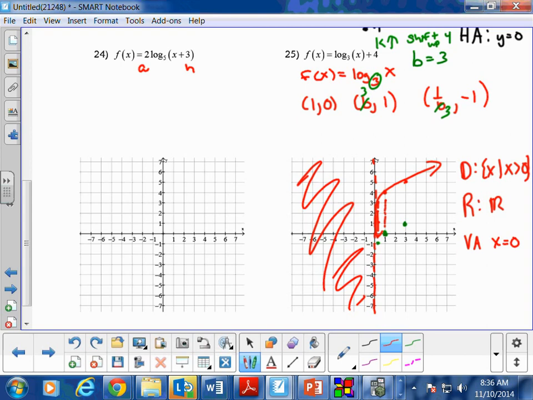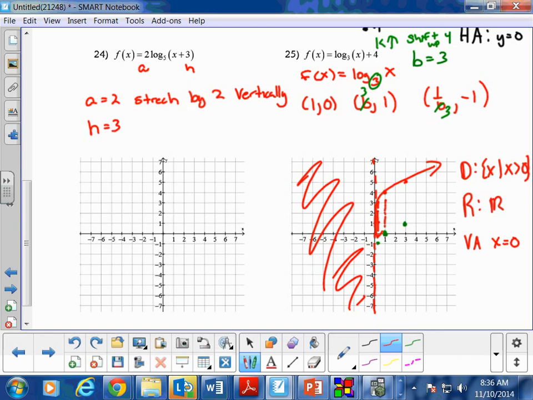This a value is going to stretch. Remember, a is equal to 2, so everything's going to be stretched by 2 vertically. There's no reflection because there's no negative there.